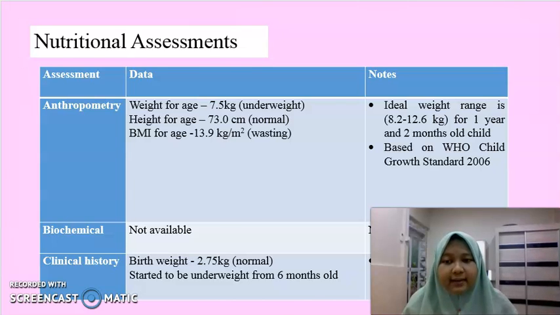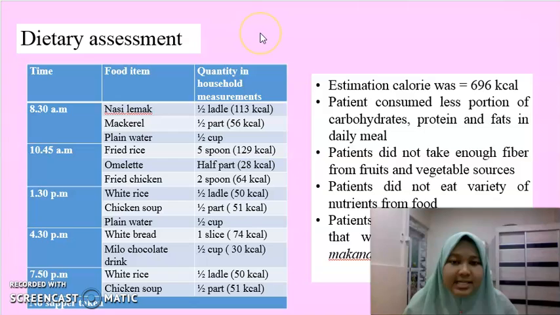Okay, and then this is for the dietary assessments. As you can see, he currently eats breakfast, brunch, lunch, high tea for snacking, and dinner, but he did not take any supper. Based on his 24-hour diet recall, I estimate the calories he takes per day are only around 696 kilocalories, slightly less than recommended.